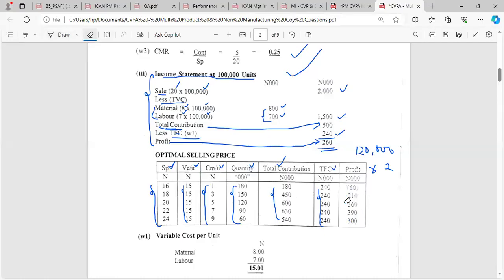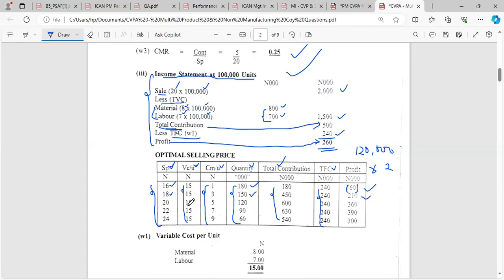Now let us analyze. If the company produces 180,000 quantity and sells at 16 naira, they are going to make a loss of 60 naira, in brackets. But if they sell at 18 naira and only produce 150,000, they will make a profit of 210.